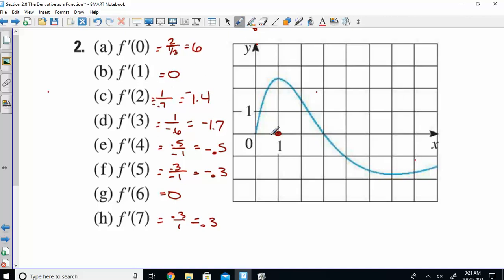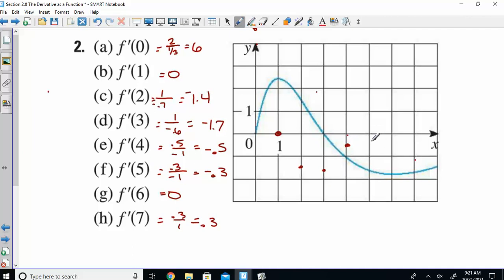I can't scroll up any higher without moving everything. When I'm at 1, we're at 0. 2 is negative 1.4, negative 1.7. I'm not 100% sure that those points are great, but it gets us the ballpark anyway.